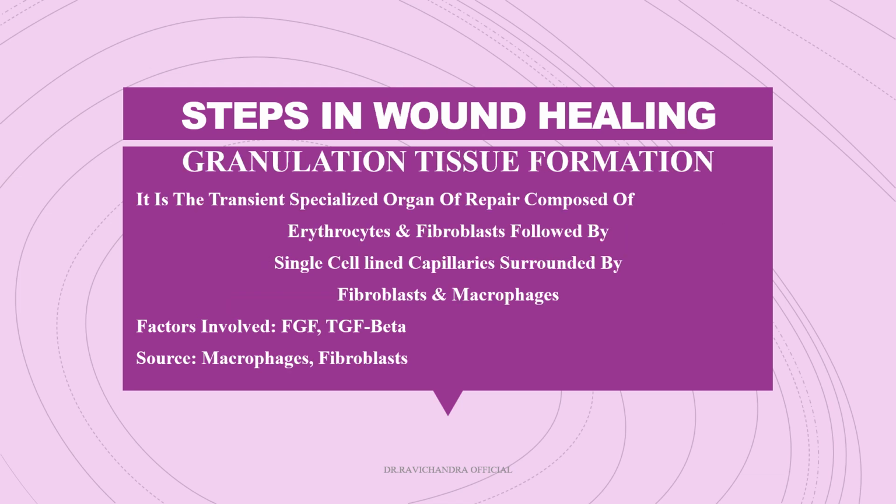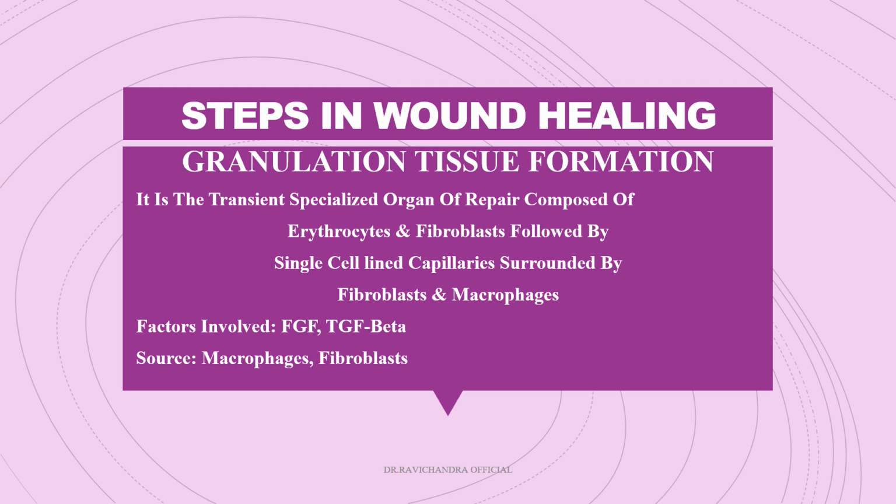Coming to the third step, that is granulation tissue formation. It is the transient specialized organ of repair composed of erythrocytes and fibroblasts, followed by single cell lined capillaries surrounded by fibroblasts and macrophages.